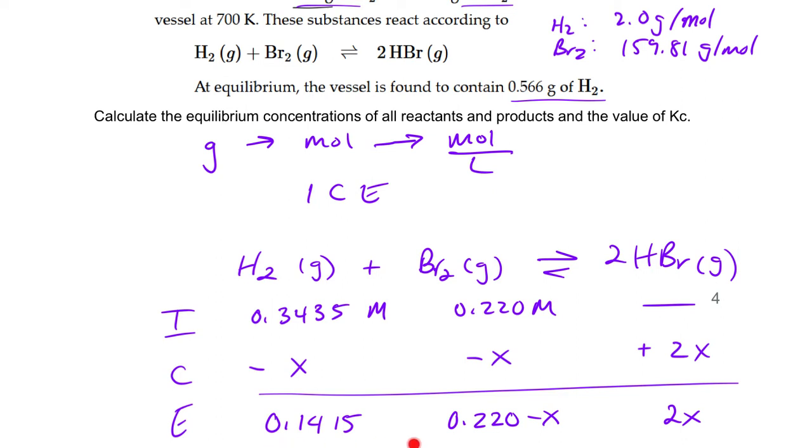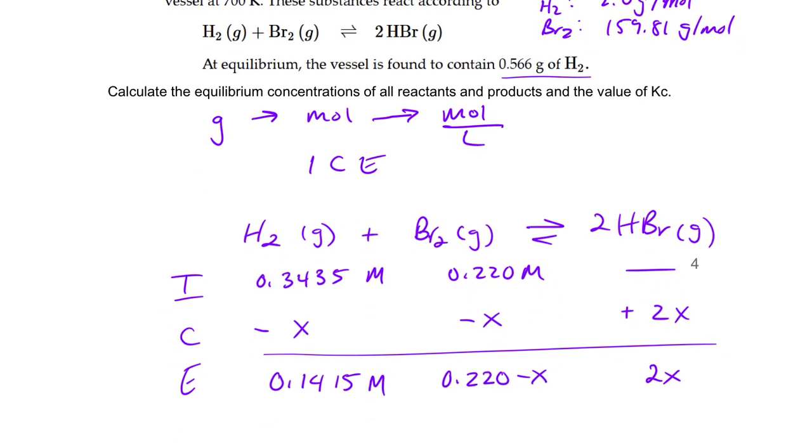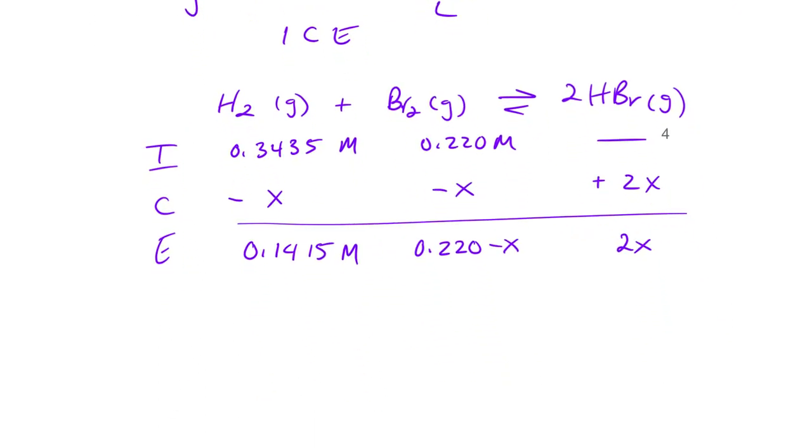Okay. So then I have an equilibrium concentration. When we were given one in the problem, we said at equilibrium, the vessel is found to contain 0.566 grams of H2, which ends up being 0.1415 moles per liter of the H2. And what we need to do is figure out what x is, okay?